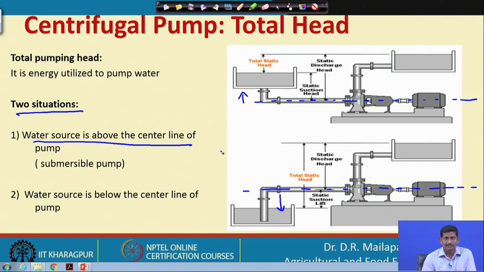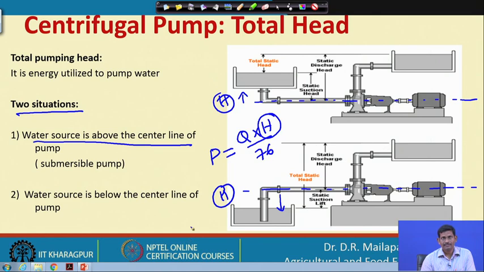Our idea is, if you remember the equation, the power is equal to Q into H divided by 76, where H is the head. In both cases we are going to see what the head is. The discharge we will anyway know, so the problem is the head.